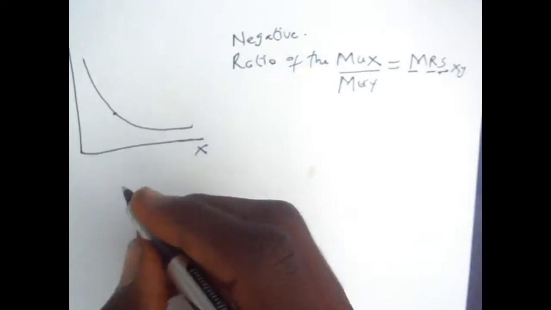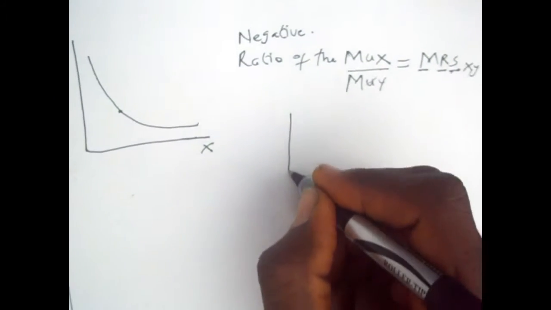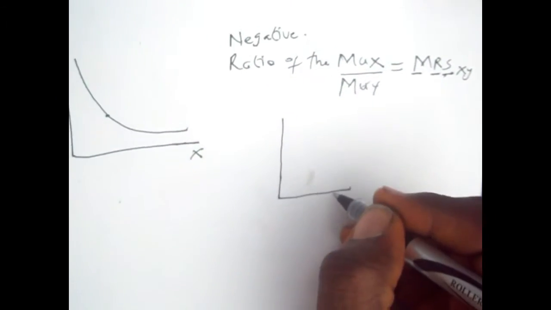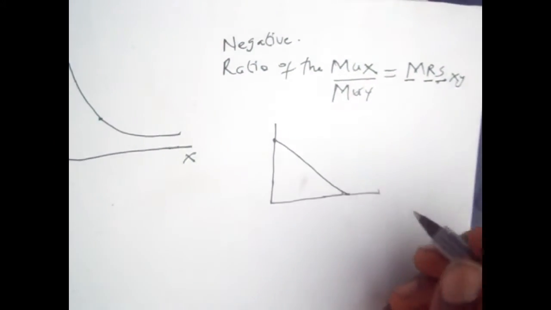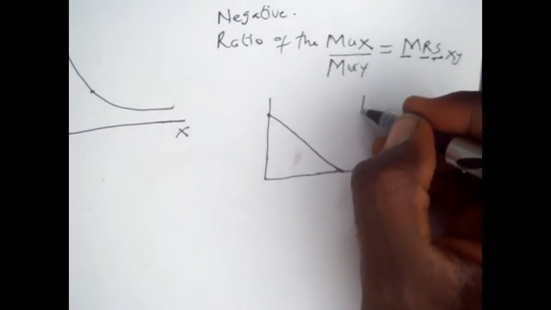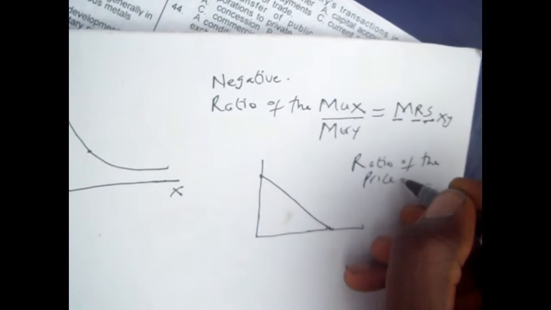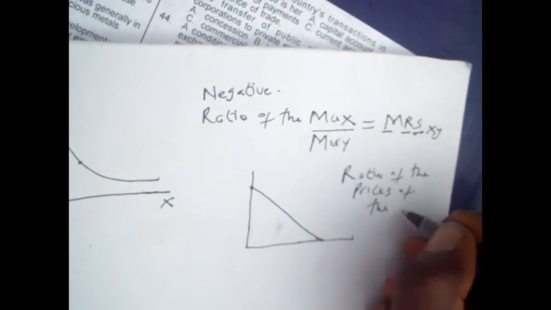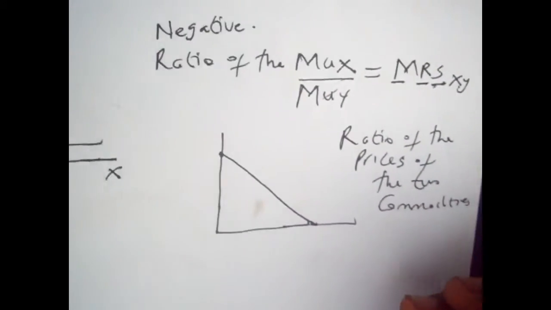On the other hand, the slope of the budget line, the budget line shows the income of the consumer, and so the slope of the budget line is the ratio of the prices of the two commodities.